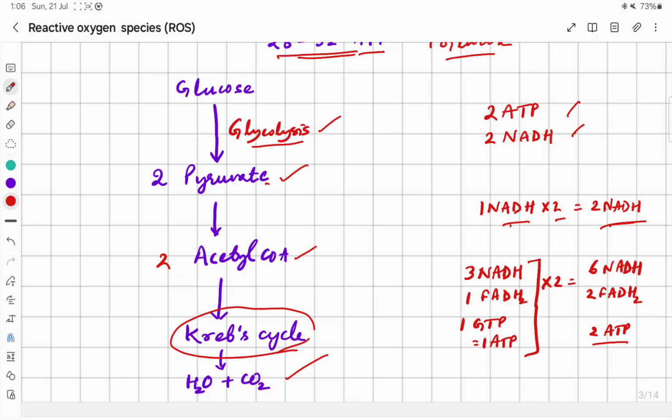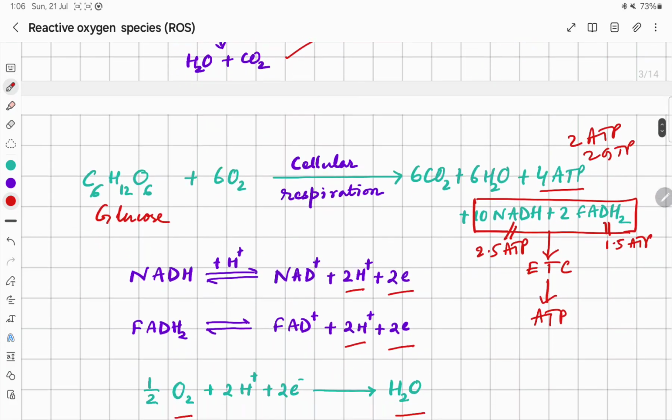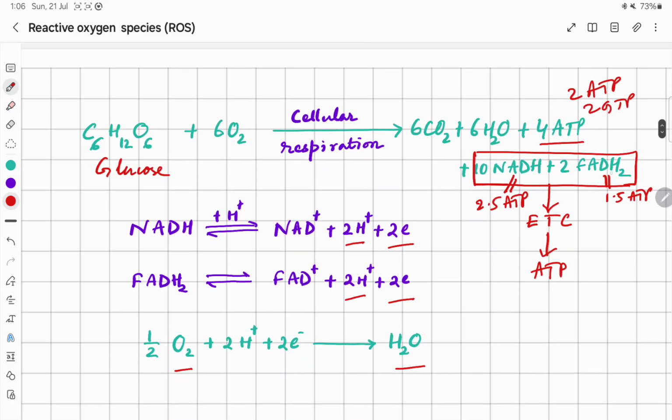So for 2 acetyl coenzyme A we will have 6 NADH, 2 FADH2 and 2 GTP, which is equivalent to 2 ATP. So now we have around 10 NADH and 2 FADH2 from one glucose molecule in addition to 4 ATP during cellular respiration. And 1 NADH is equivalent to 2.5 ATP and 1 FADH2 is equivalent to 1.5 ATP.